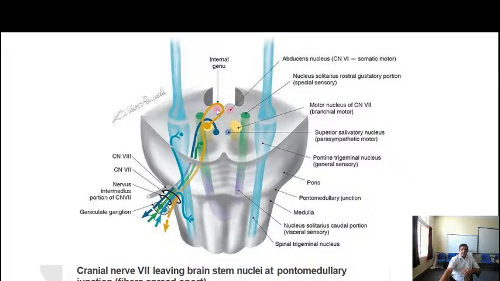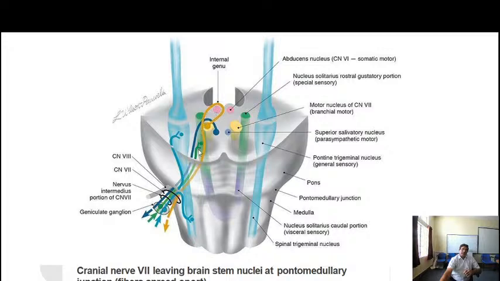So we need to understand this, because a lesion which is present in the medulla, the pons, the pontine region at the nuclear level, the lesion also involves the sixth cranial nerve. So you can find out topographically that the lesion is present here.